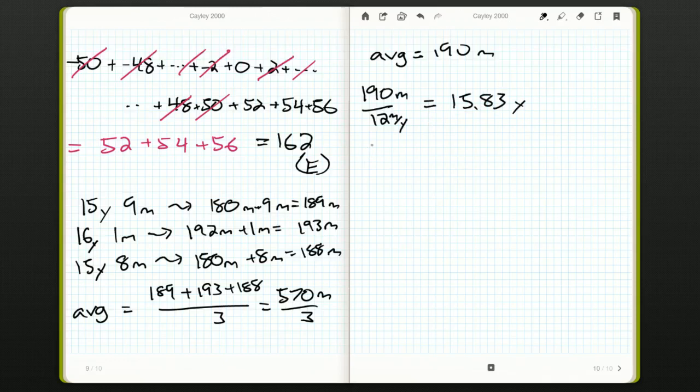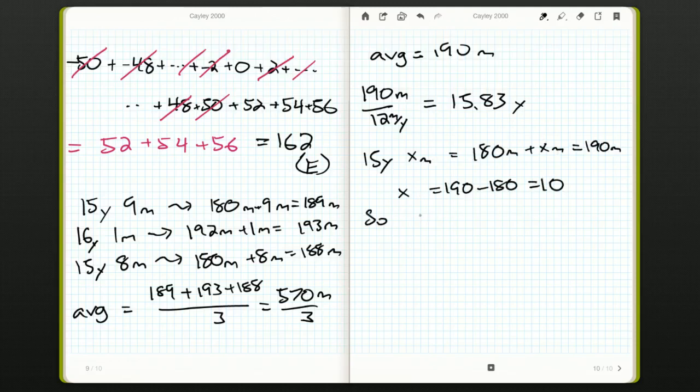So we know it's going to be 15 years and something. So 15 years and some months, X months. And that's going to be 180 months plus X months. And we know that that's equal to 190 months. Pretty quick to see that X is 190 minus 180, which is 10. So we got 15 years and 10 months as our final answer.